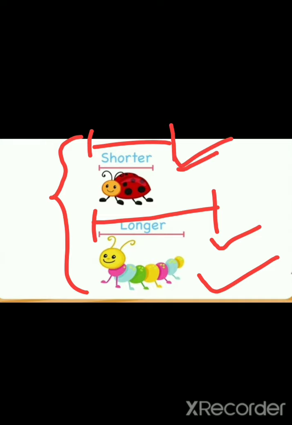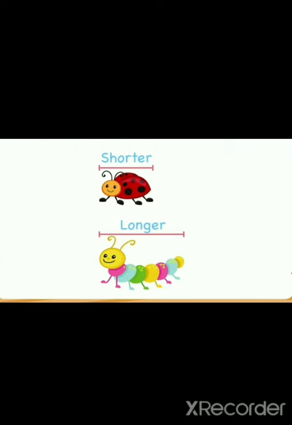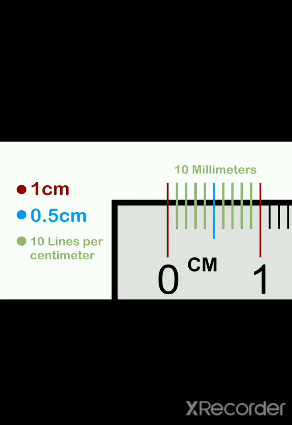So with the help of a scale or with the help of their sizes we can describe them as longer or as shorter. Now first we will learn how to calculate centimeters or how to draw a line. Everyone has a scale.